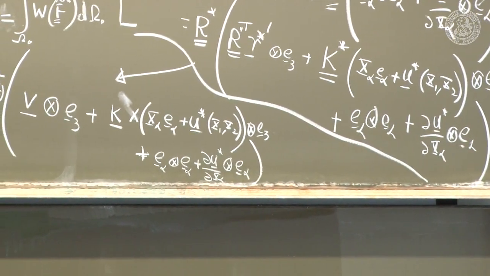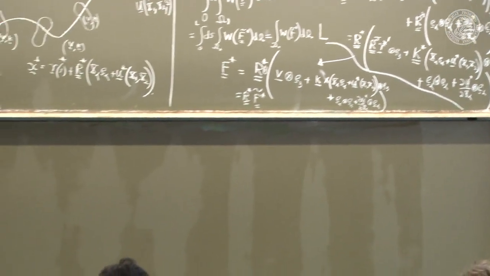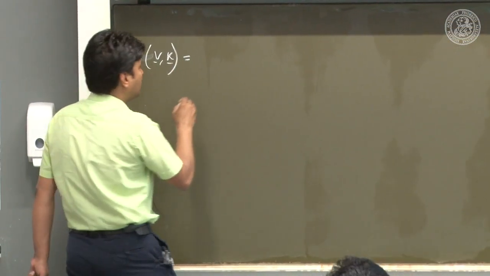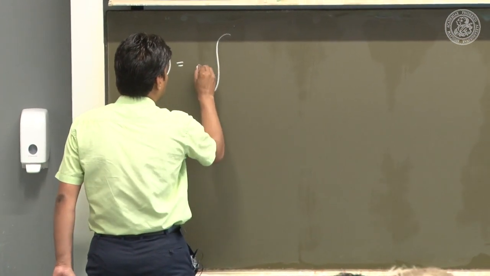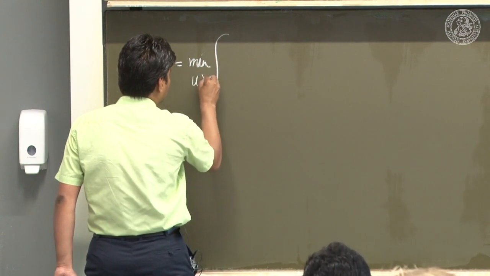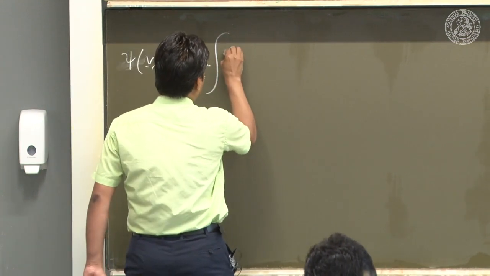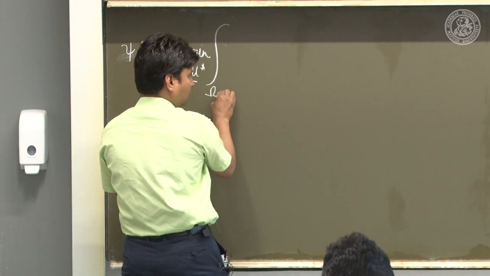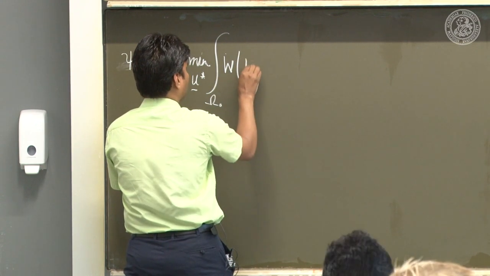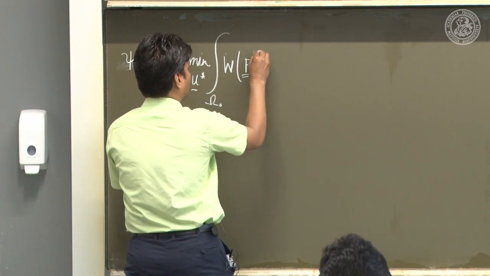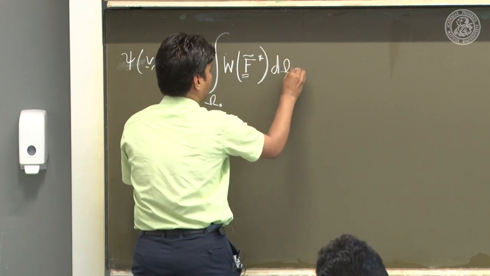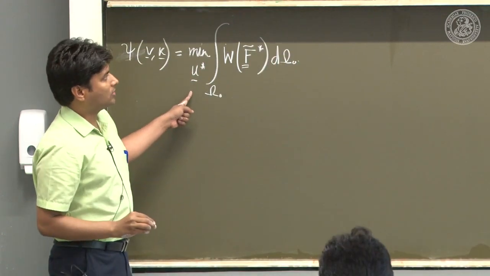All right, so we have the recipe now. So, what is your psi of v comma k? That's nothing but, you have to minimize the energy of the cross section for all possible u star.